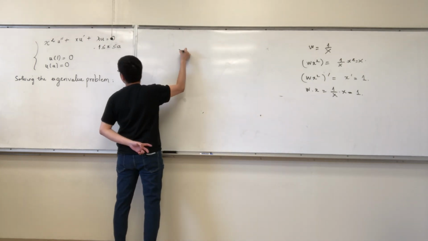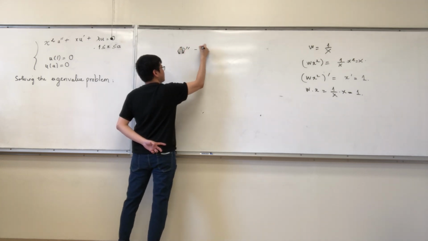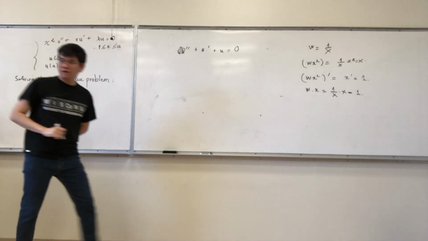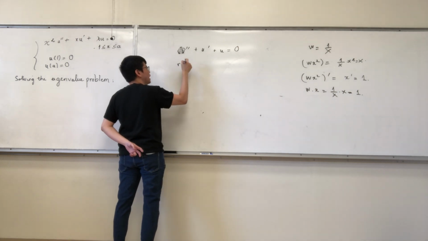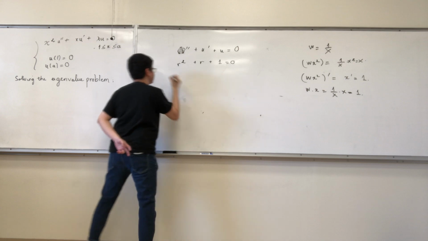If you have, like, u second plus u prime plus u is equal to 0, for instance, you consider the characteristic equation. You have r squared plus r plus 1 is equal to 0, right?